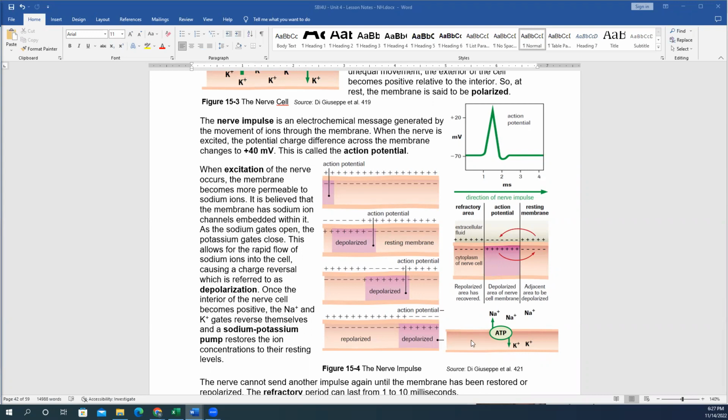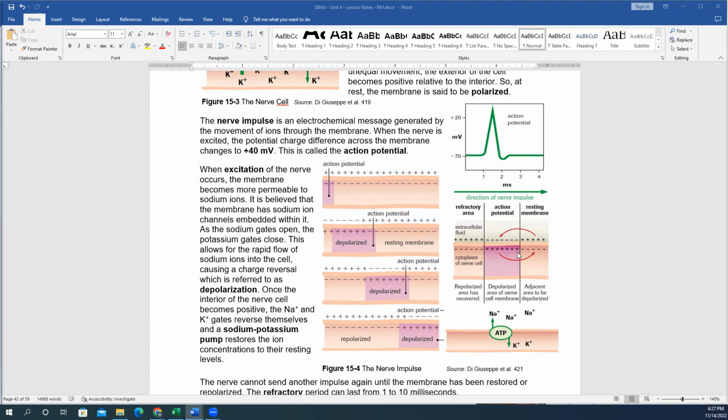As these sodium gates open, the potassium gates close, and this allows a very rapid flow of sodium ions into the cell, causing a charge reversal, which is referred to as a depolarization.